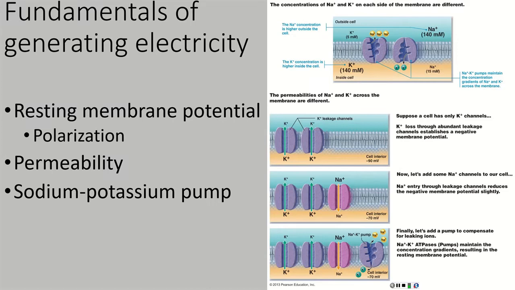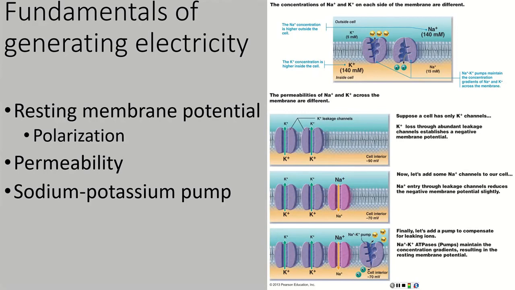Every cell in your body is a little bit more negative inside compared to outside. But I also said that once we start talking about specific cell types, we can measure exactly how much more negative it is inside compared to outside. For example, today we're going to be talking about neurons, so we will be able to measure that exactly.